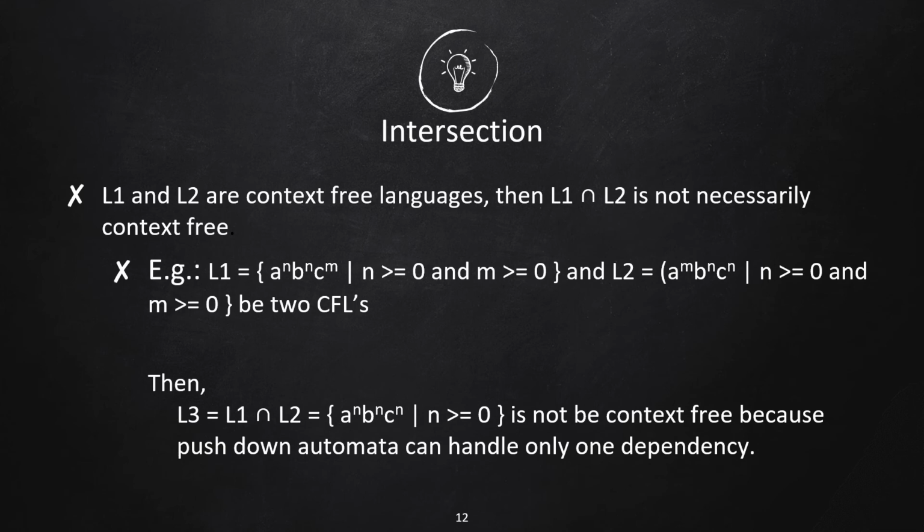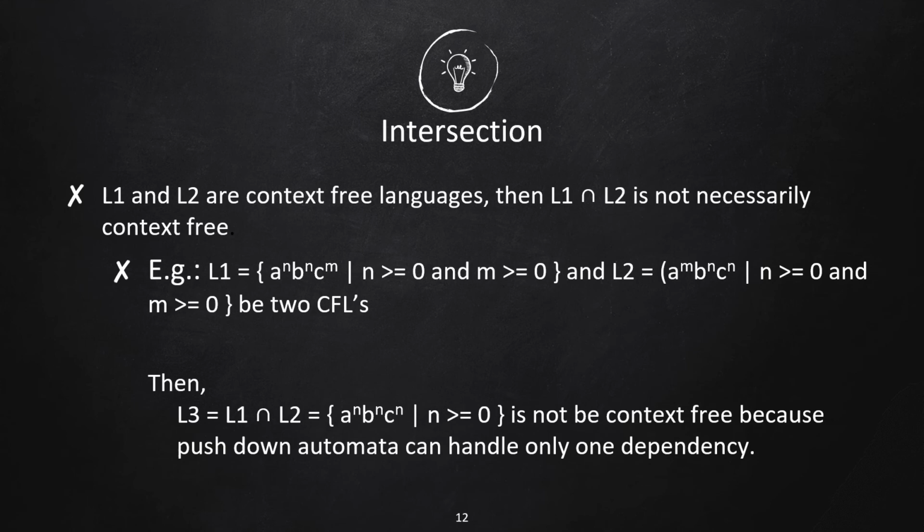Here L1 and L2 are two context-free languages because there is only one dependency. By taking the intersection of L1 and L2, which is denoted as L3, the corresponding language will be a^n b^n c^n, where n is greater than or equal to 0. Here the language L3 has two dependencies. One is that the number of a's and b's should be equal, and the other dependency is that the number of b's and c's should also be equal.